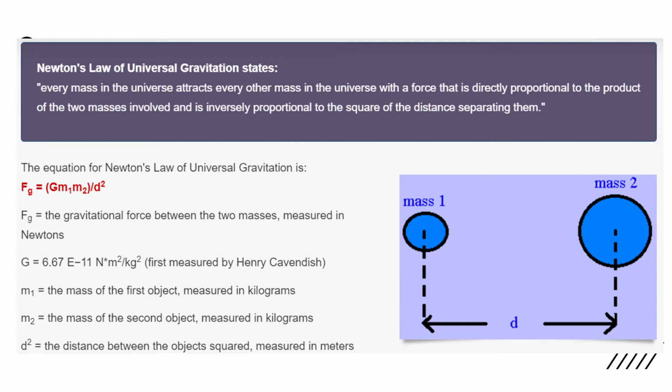So in this case, it will be 6.67 times 10, and this other number is the power that we are going to elevate 10 to. So it will be 10 elevated to the minus 11th power. Please make sure to take that into consideration.